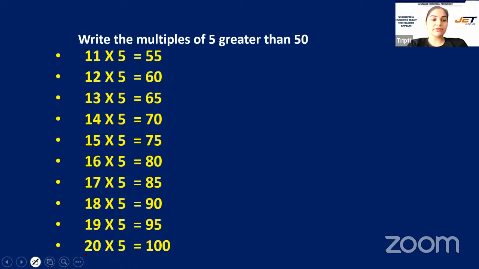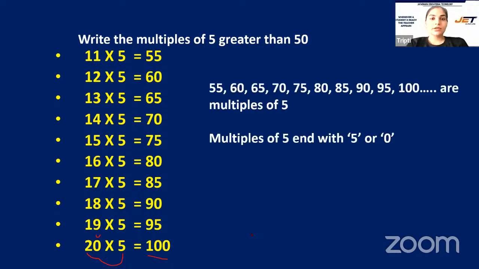You can see here 2 times 5 is 10, and there is one more 0. That is 100. So 55, 60, 65, 70, 75, 80, 85, 90, 95, 100 are all the multiples of 5 which are greater than 50, and this will continue like 105, 110, 115, 120, like that.